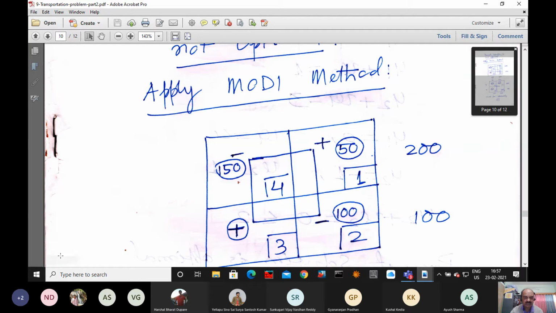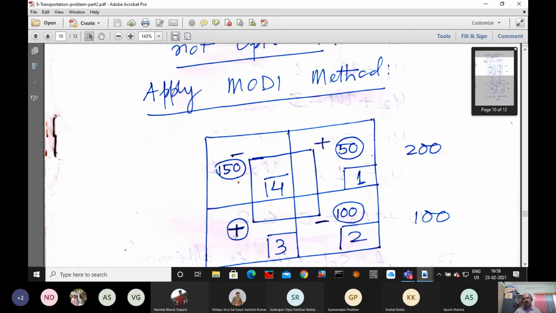Since it is not fulfilled, 4 plus 1 equal to 5, 5 minus 3, that is, 6 is greater than 3. So that is the most positive element, because it is a minimization type problem. For minimization type, we say most positive.